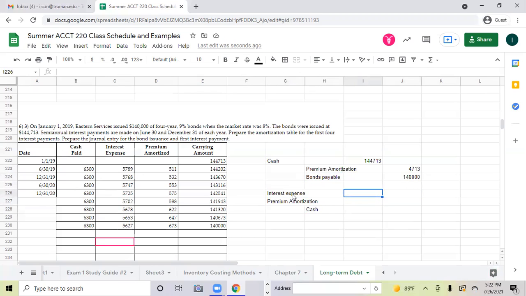Our interest expense is based off of this number here in the interest expense column. The actual cash we pay is based off of this column, cash paid. And the difference between the two is the premium amortized. We'll double check to make sure those balance, which they should. So 6,300.